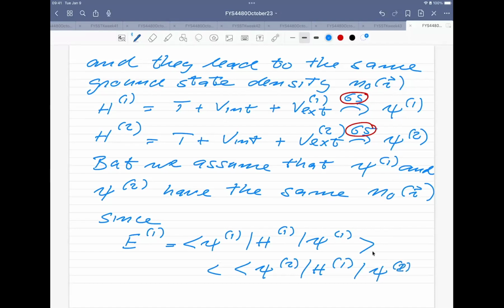So I'm now assuming that the ground state of H1 is psi 1. And that means that if I take another function and calculate that expectation value, it has to give an energy which is larger than the ground state. So the ground state is the lowest possible one. Does that sound plausible?